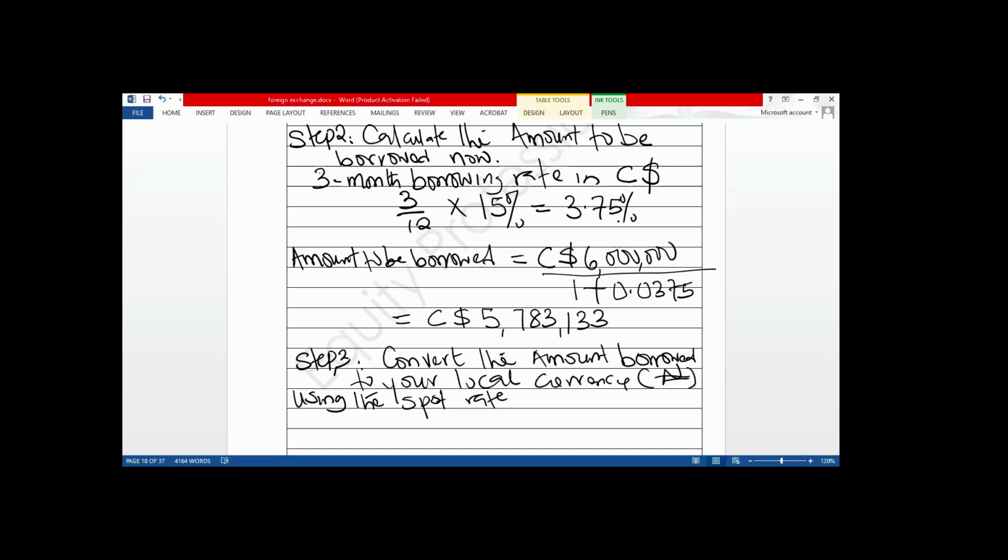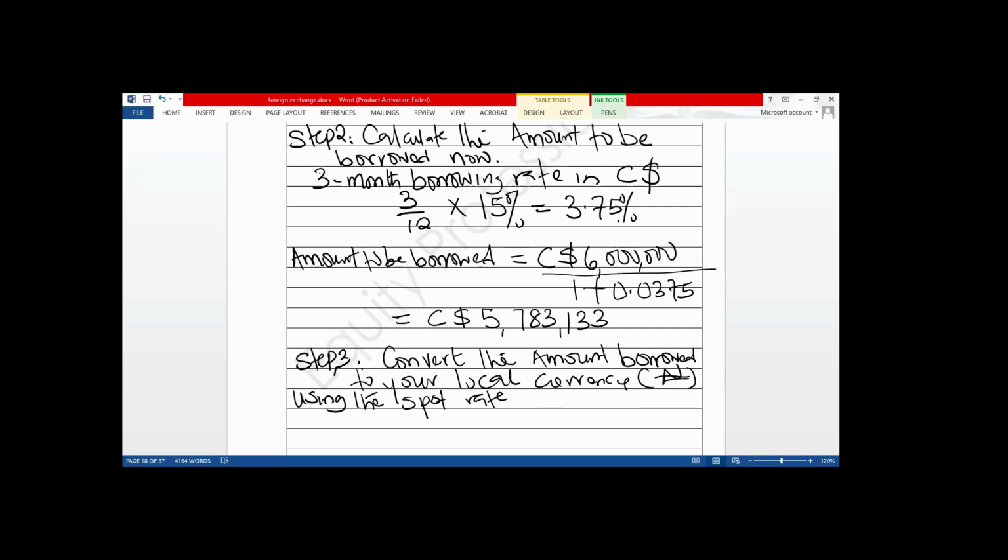What we have done here is calculating the present value of 6 million in 3 months. To do this, the future value divided by 1 plus R. Your R is the 3-month borrowing rate. Is that better, please? Yes, sir. Thank you.